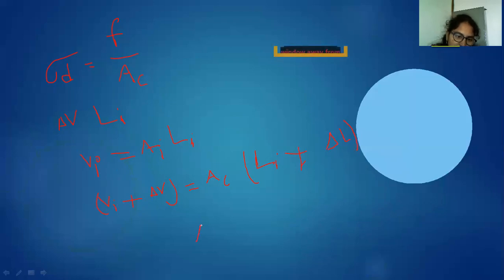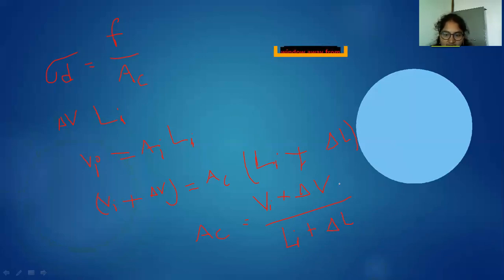So corrected area of cross section Ac is equal to Vi, that means initial volume plus change in volume, by initial length plus change in length. Is it clear?